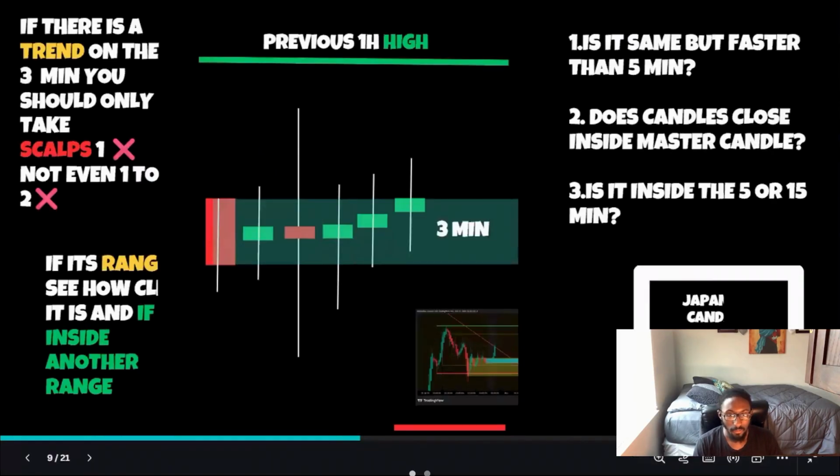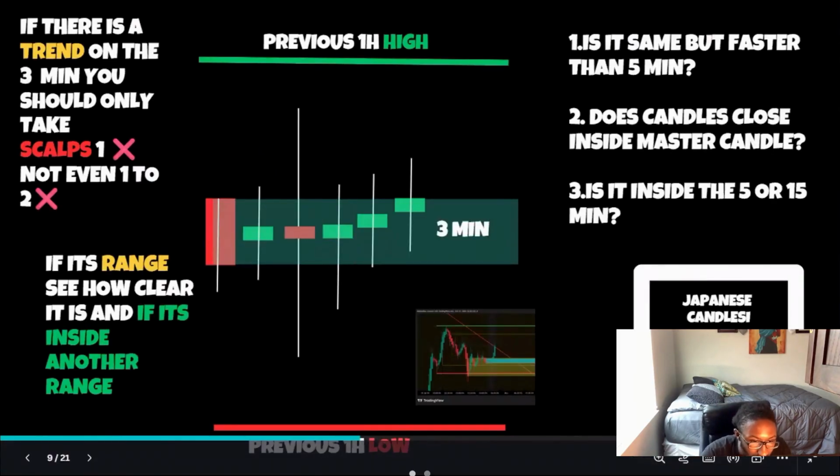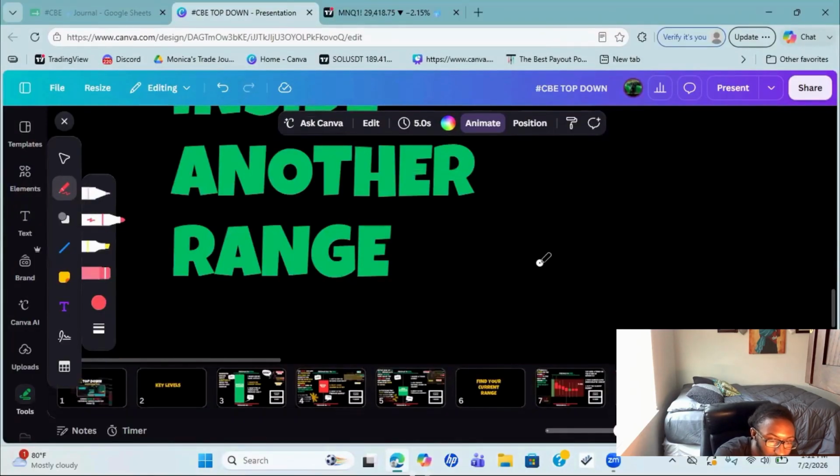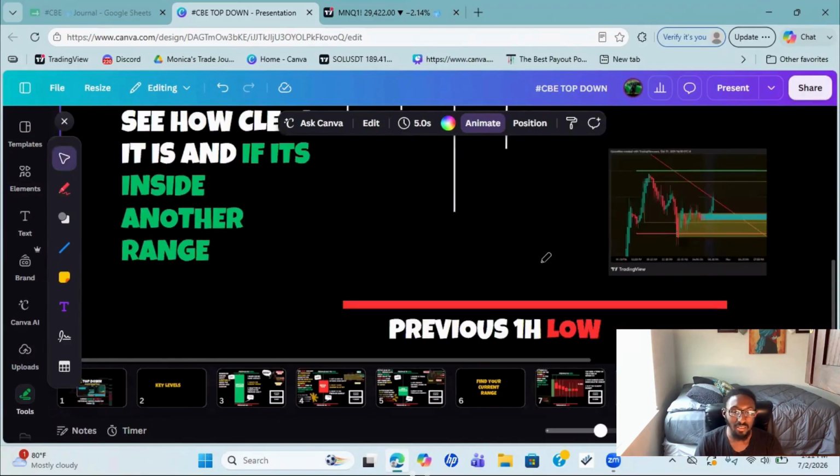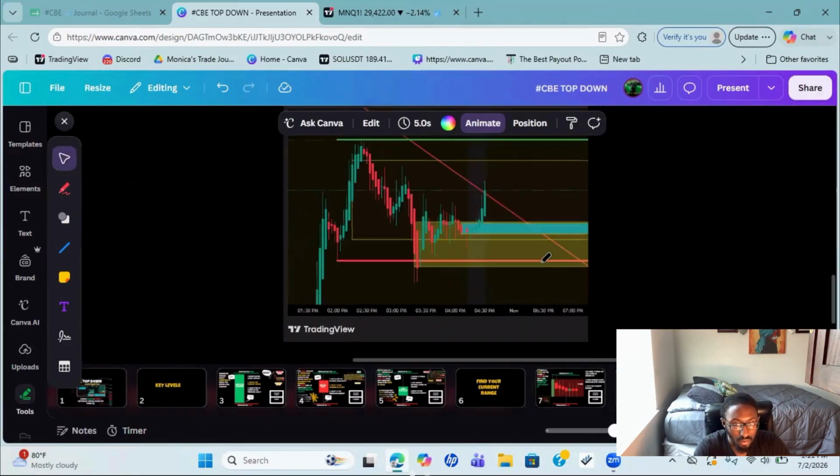It's faster, right? When we go back to the 5 minute, look, it's faster, right? Boom. Do candles close inside the master candle? Yes, right? Perfectly. Nothing closed outside like the 5 minute. Is it inside the 5 minute or the 15 minute?